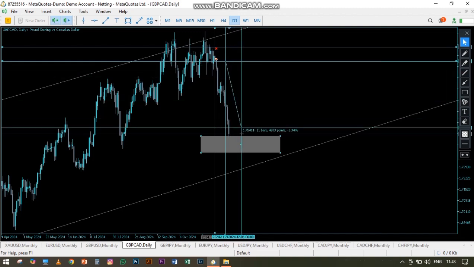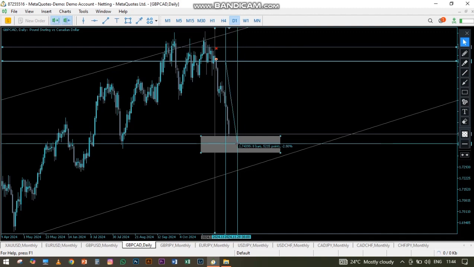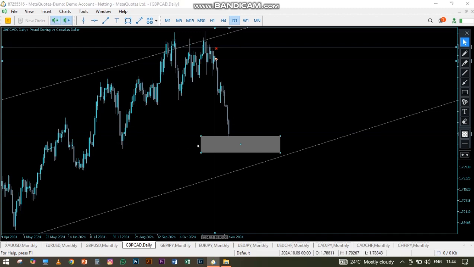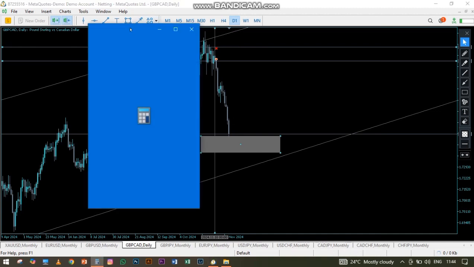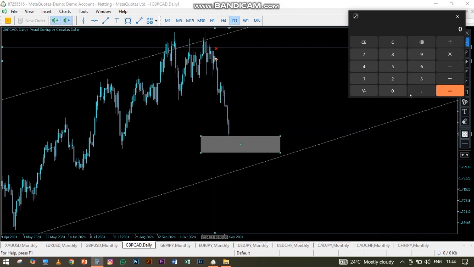And if we target this rectangle here, which we drew on the weekly time frame, that means we are targeting 5,200 points. That is the amount of profit, or points, we are going to gain if the trade actually reaches our zone.